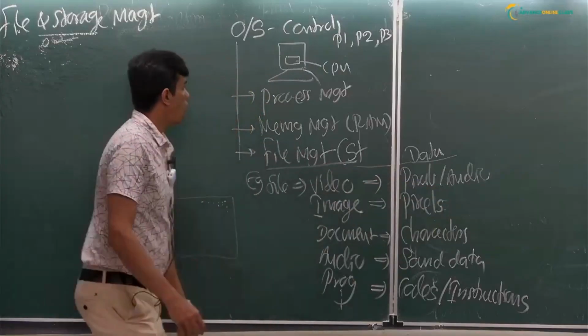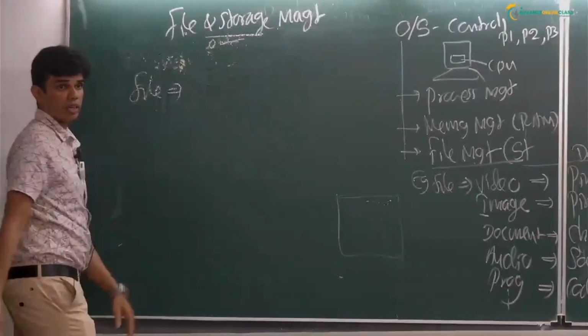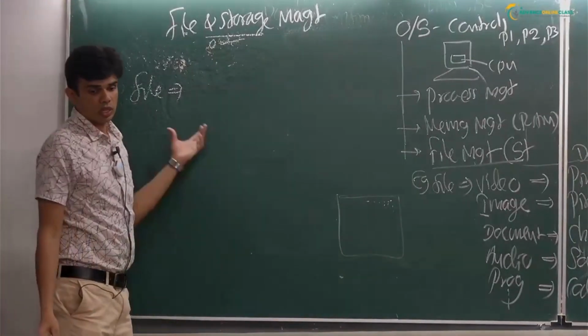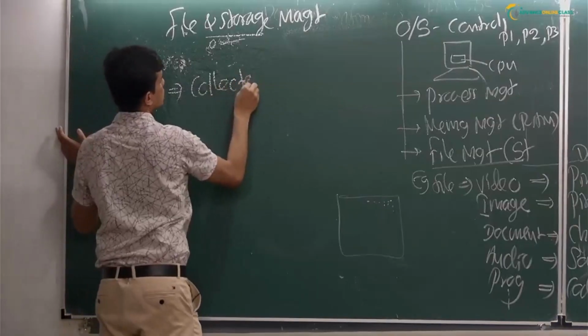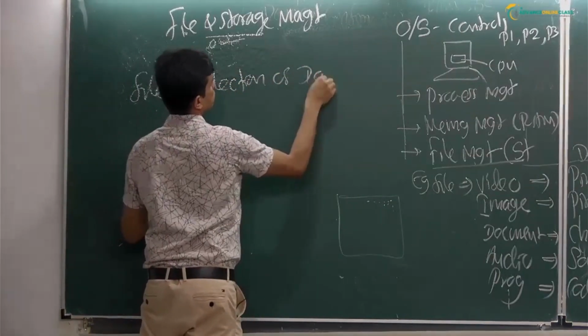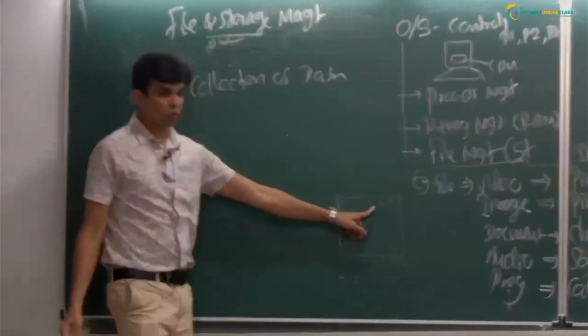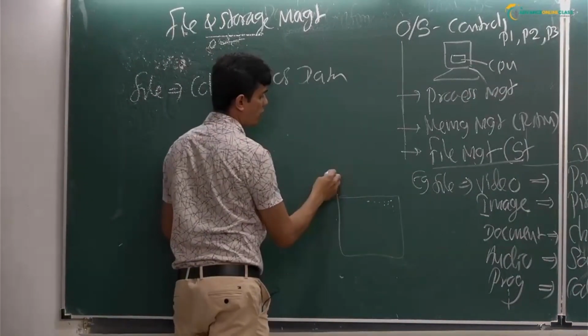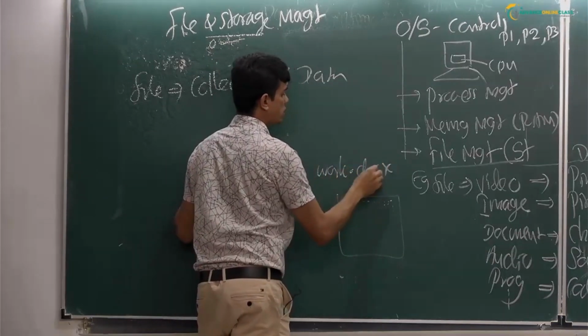Question is, how to define a file? What is a file? A file is defined as a collection of data. Am I correct? When I go to a document file, say that I'll save that as work.docx.